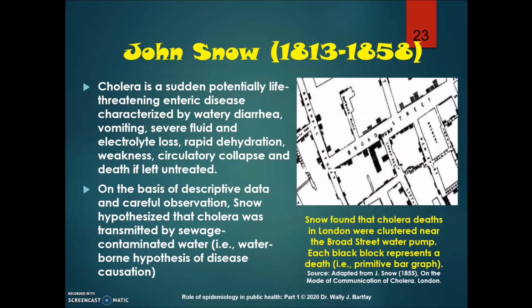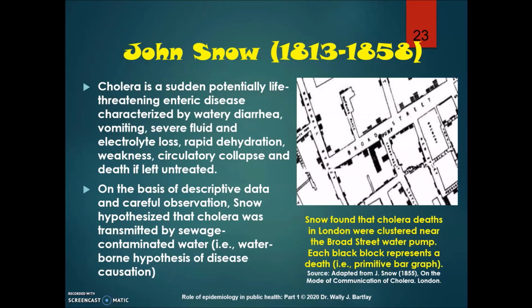So on the basis of descriptive data and careful observation, Snow hypothesized that cholera was transmitted by sewage-contaminated water. This was known as his waterborne hypothesis of disease causation. And here we see a map that he drew.